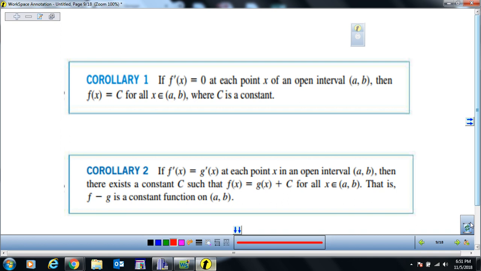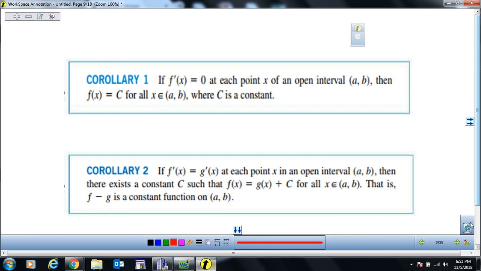Corollary 2 says, if f prime is equal to g prime, so if you get the derivative of one function and the derivative of the other one and they're equal to each other at each point x within an open interval a through b, then there exists a constant c such that g of x, the original g of x, plus some constant, is equal to f of x, the other function.